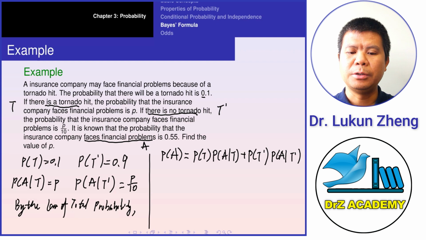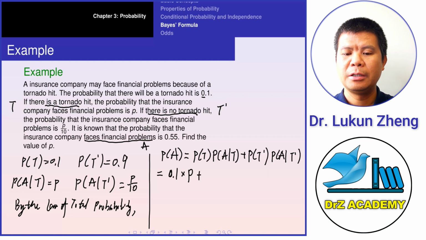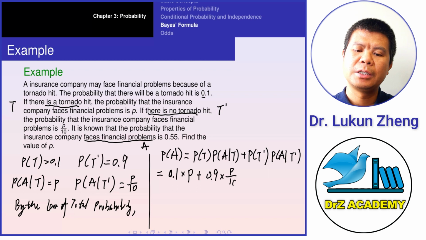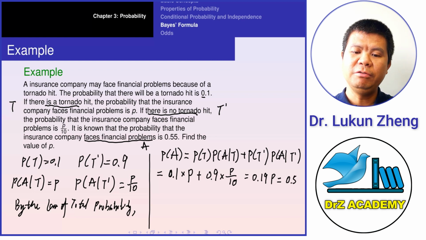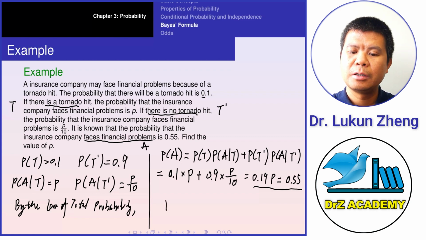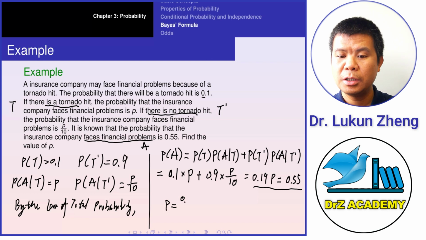This equals 0.1 times P, plus 0.9 times P over 10, which equals 0.19 times P. Now this equals 0.55, as given. So P equals 0.5.